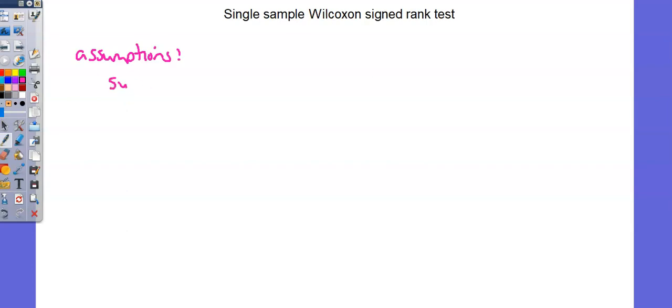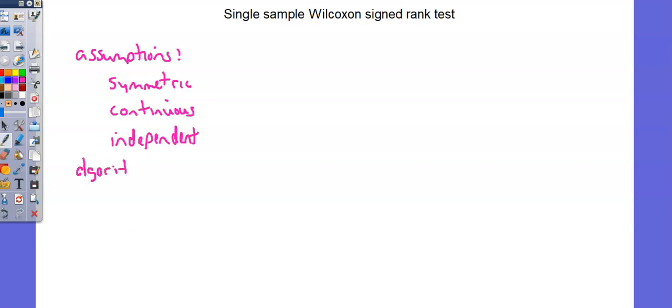Data is symmetric, continuous, and independent. In this test, we're going to compare measurements to a potential median and evaluate the algorithm.